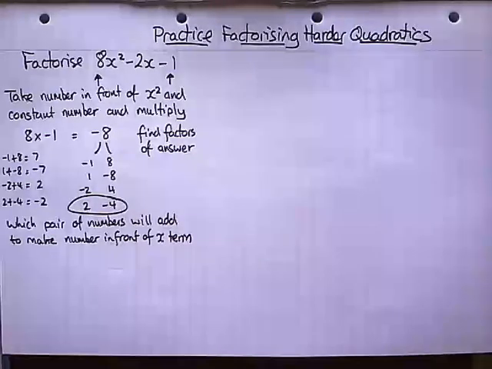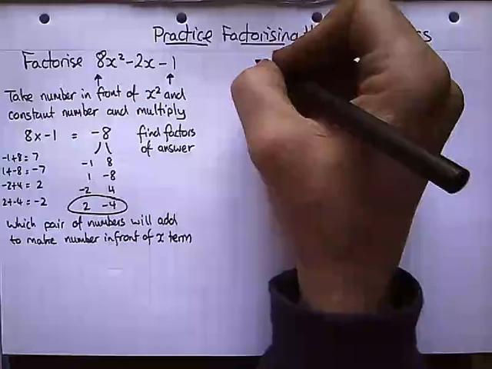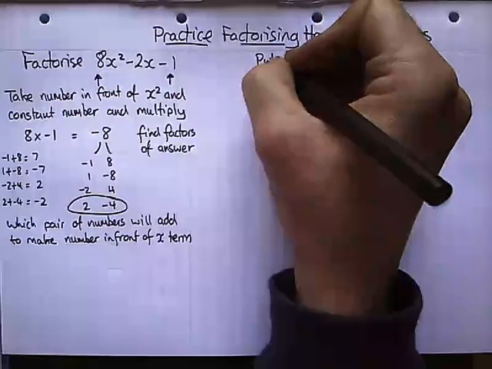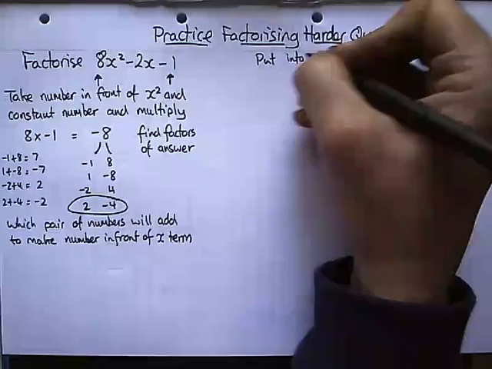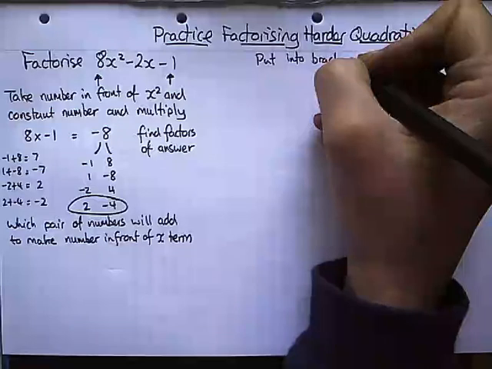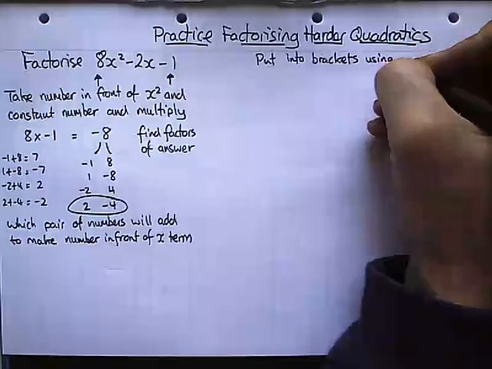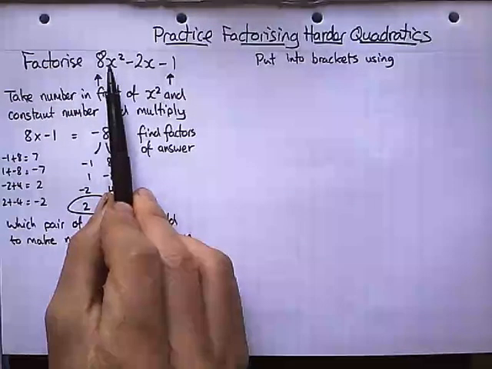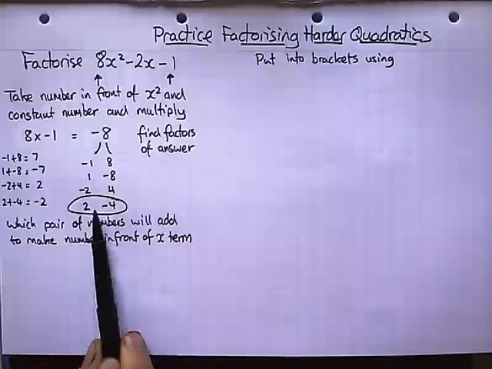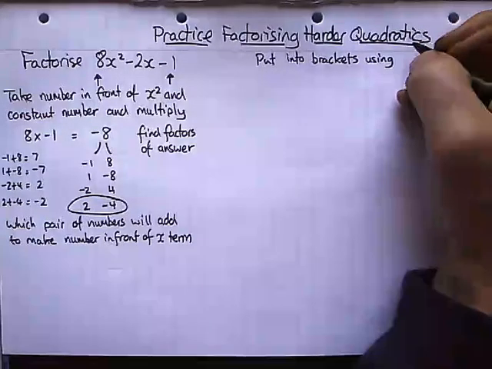Okay, next step. What we want to do is put these into brackets using the number in front of the x squared term, x, and the two numbers that we have found, and I'll show you what that means.